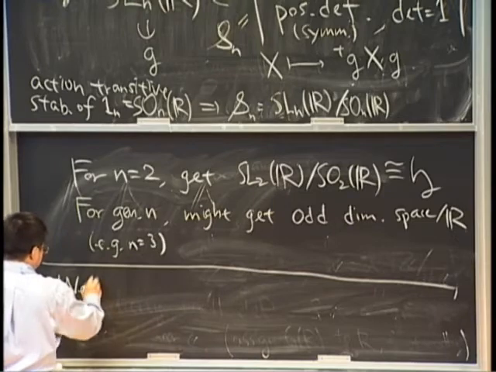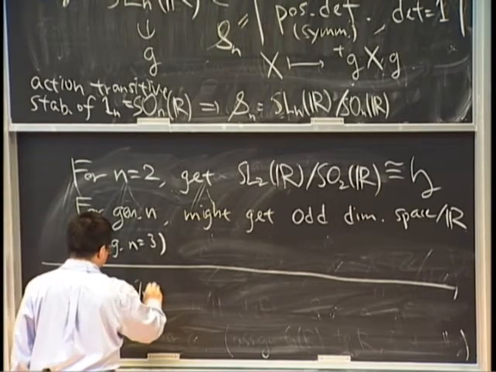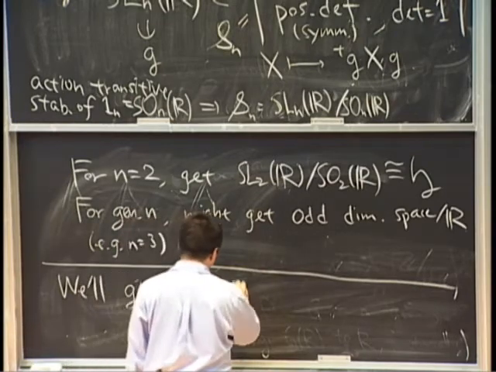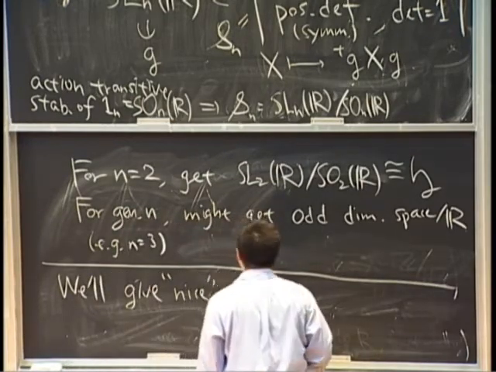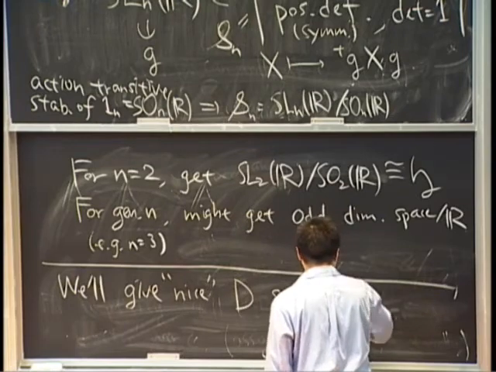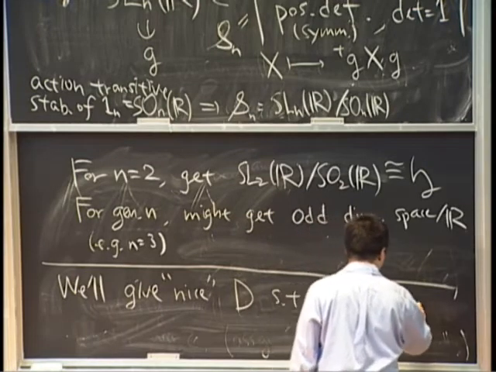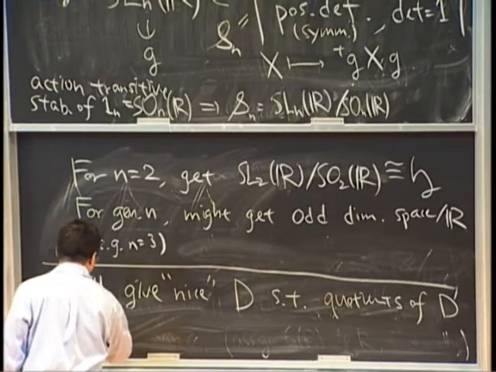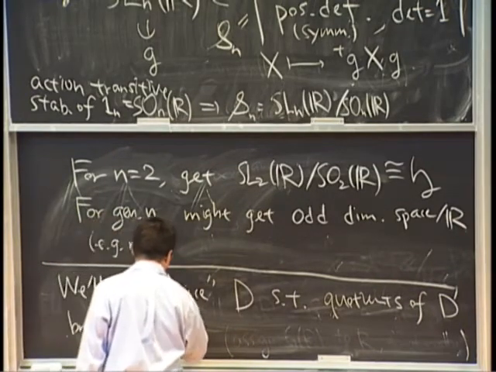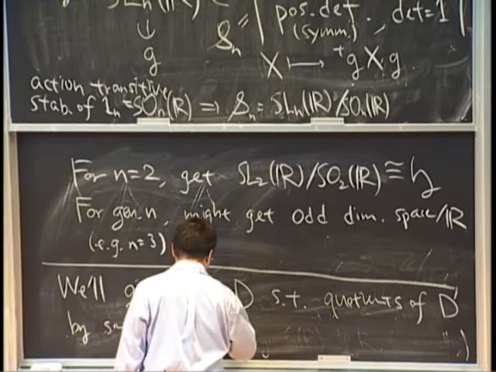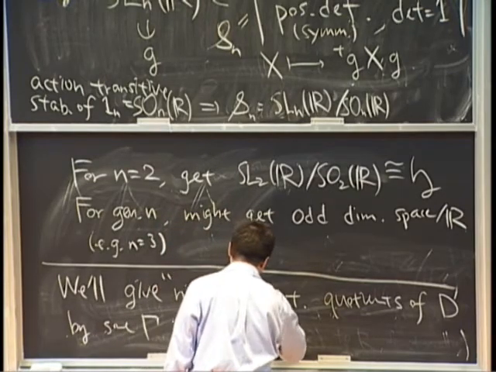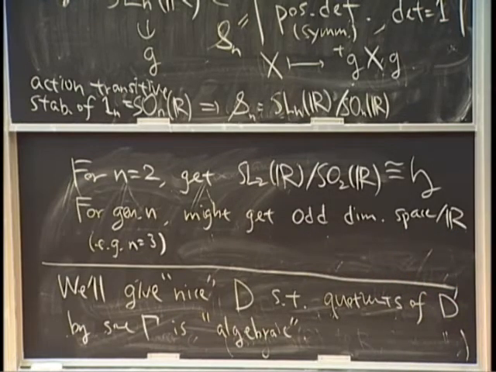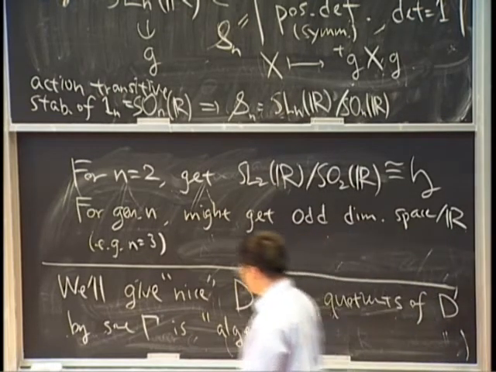So I'm going to be vague here for now. It's algebraic, and I'm just going to give you examples. I'm probably not going to give you the proof. It's actually not easy to prove anything like this, but I'm going to give you examples where this is true.